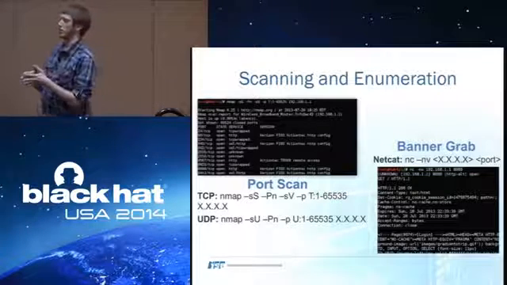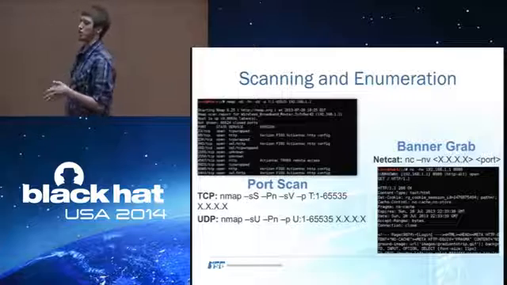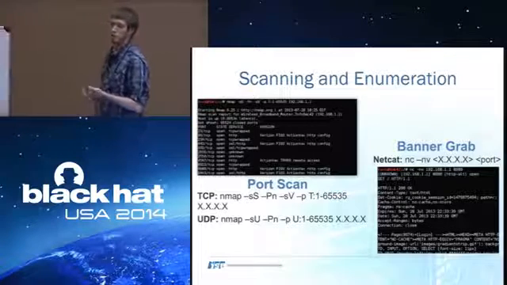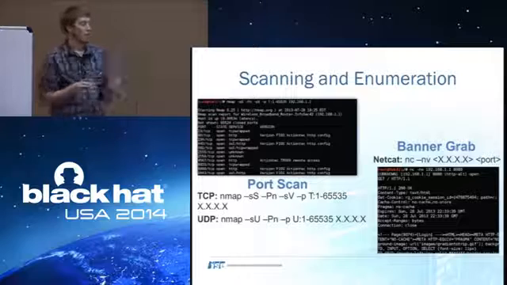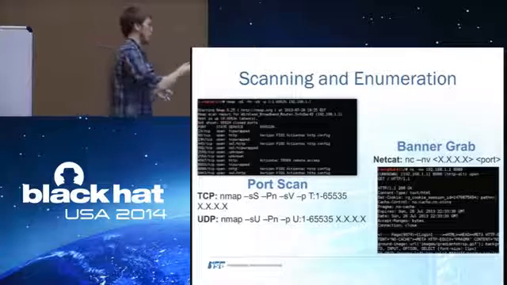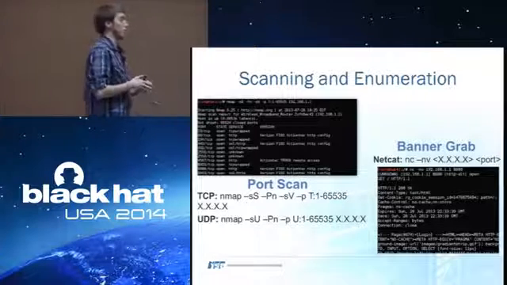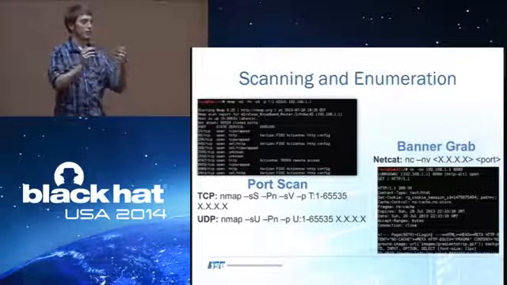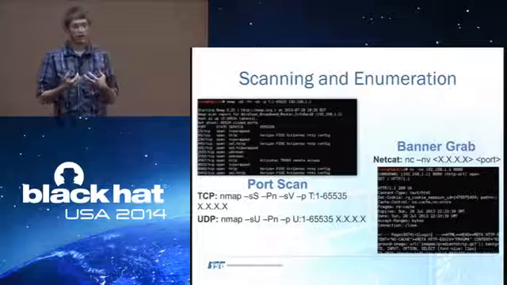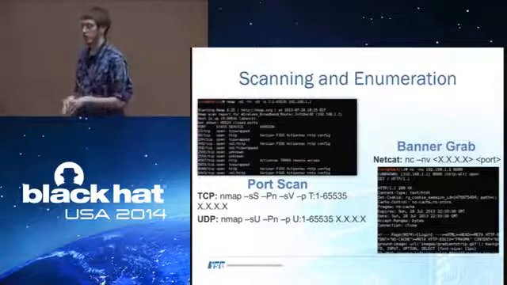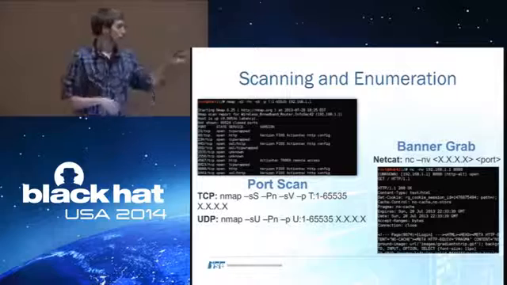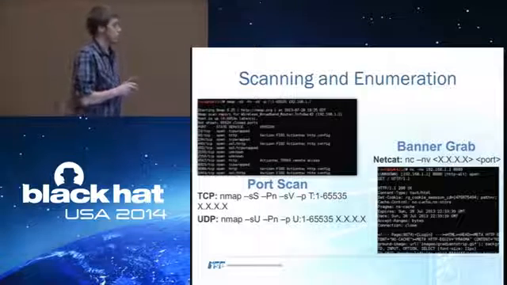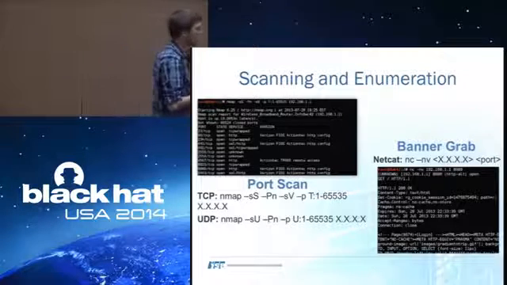Nmap basically will determine if a port is open through various methods for both TCP and UDP. If a port is then open, if you told it to check what service is running on that port, it'll attempt to fingerprint the port. Assuming that the data sent back from the device you're scanning meets the internal fingerprint database of Nmap, it'll give you a best guess as to what service is running.